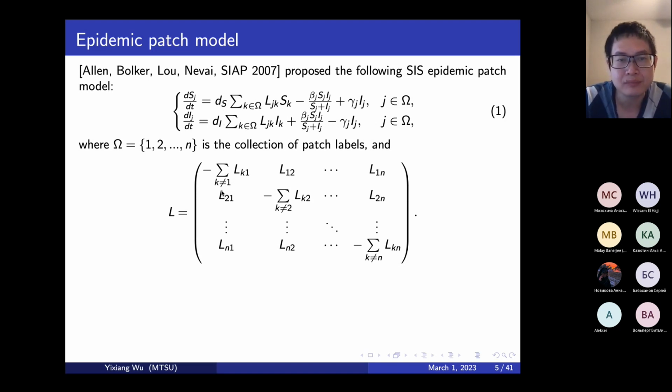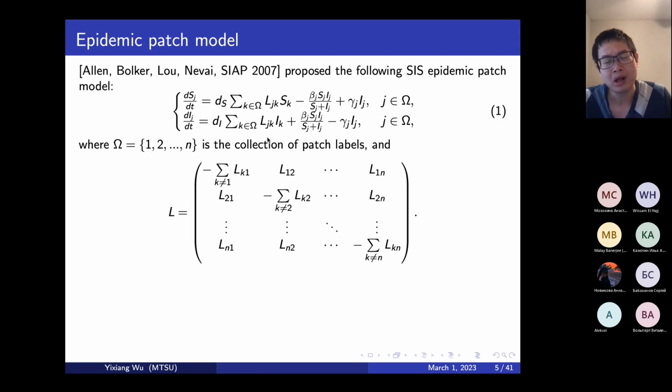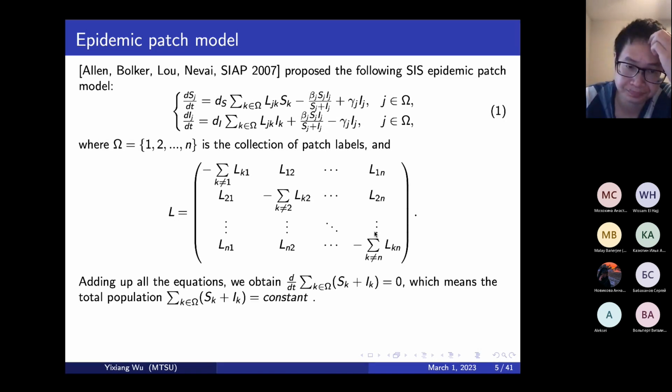If d_S equals d_I equals 0, then each patch follows this kind of ordinary differential equation model. Also you can see each column of L sums up to 0. This means there is no population loss during the movement of people.